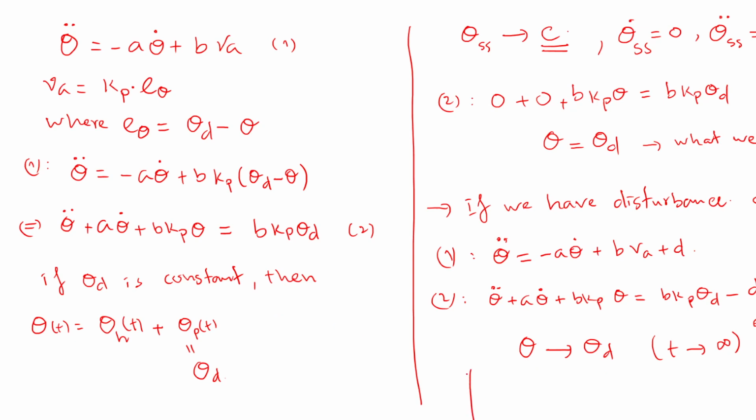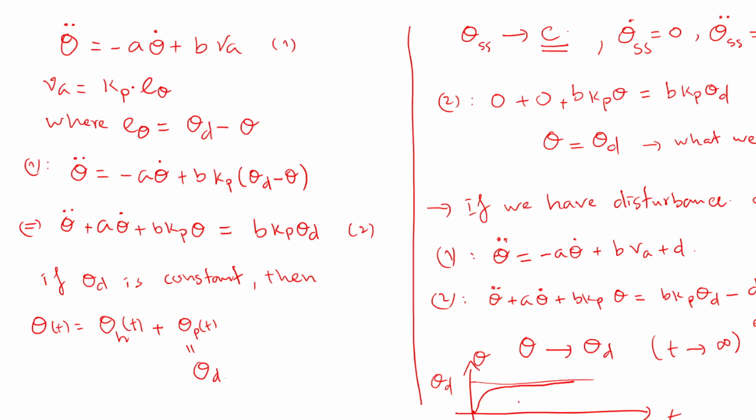Let's say theta d is here, and you want a fast response like this, but with no overshoot.